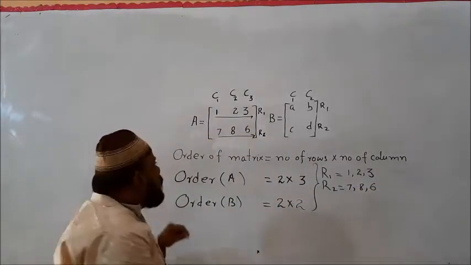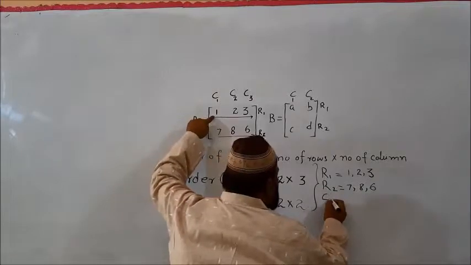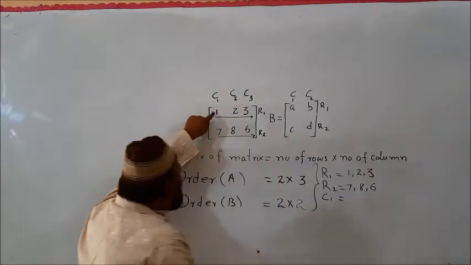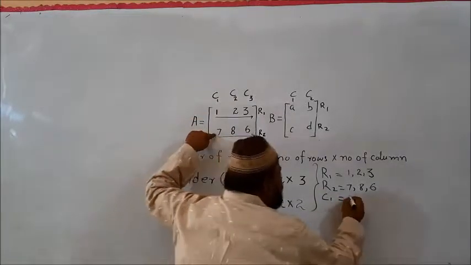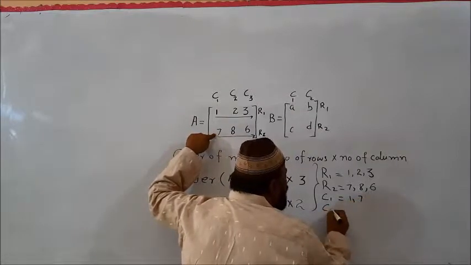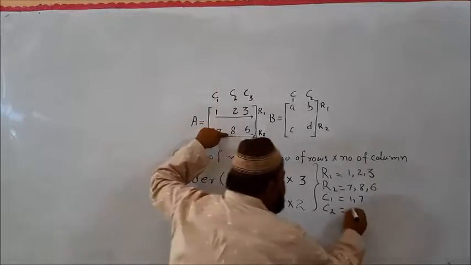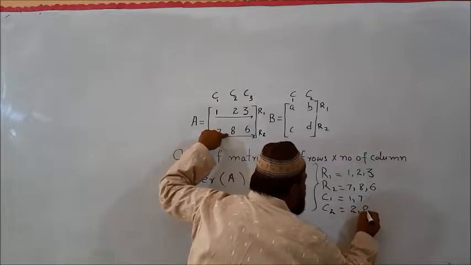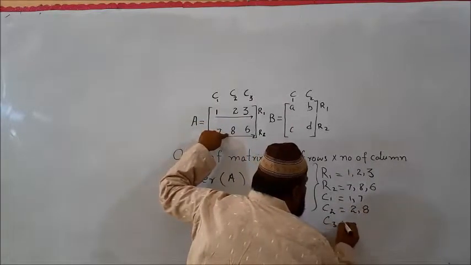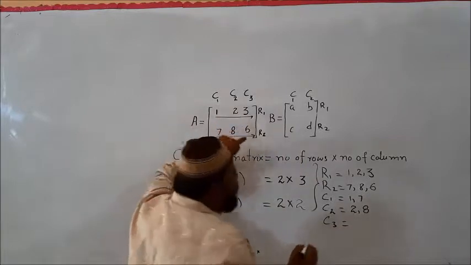Come to column 1, elements 1, 7. Column 2, elements 2, 8. Column 3, elements 3, 6.